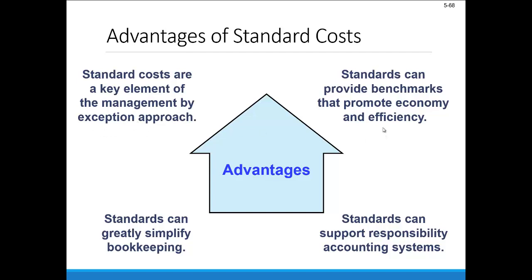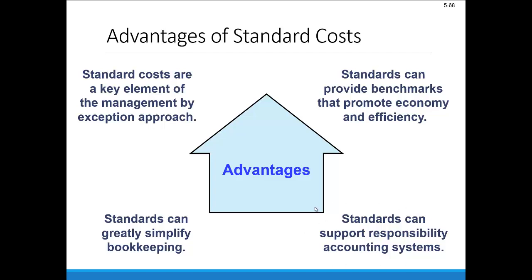Now, standards can provide benchmarks that promote economy and efficiency, very much related to that point about management by exception. If we have these standards established, we can always be determining how we are performing relative to that standard, that ideal, in other words. Standards can simplify bookkeeping to some extent, and they really do support the responsibility accounting systems that we've been talking about earlier this semester.